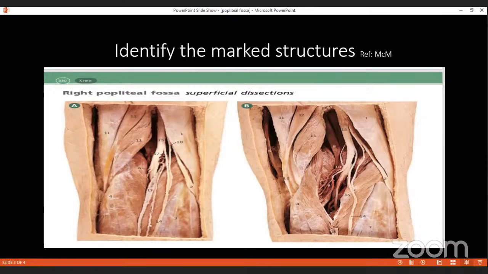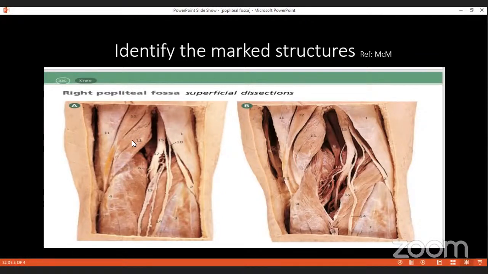Okay. Can you please identify structure 15 here, in picture A? It's the tibial nerve. Yes. Can you identify structure 11?